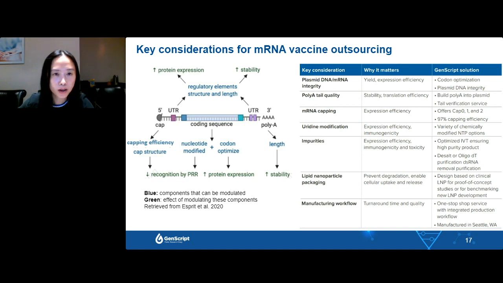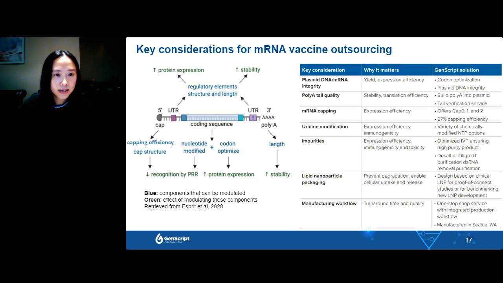The goal for developing a good mRNA is to have one that is very stable, cannot cause immunogenicity by itself, and finally can have a high protein expression rate. And the blue letters listed here are several parameters that we can adjust to have a good quality mRNA.